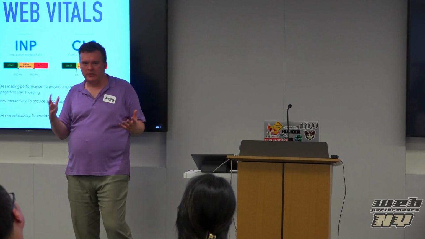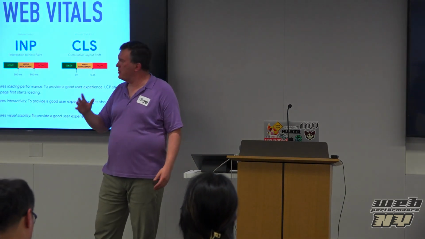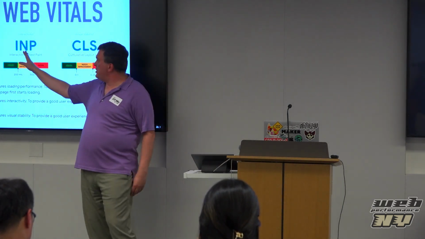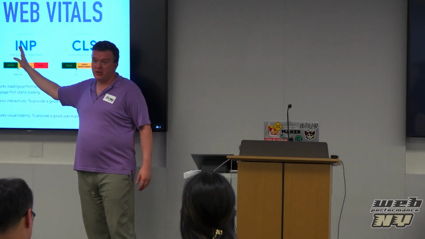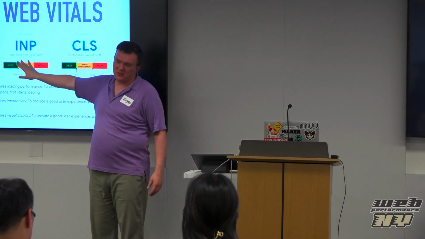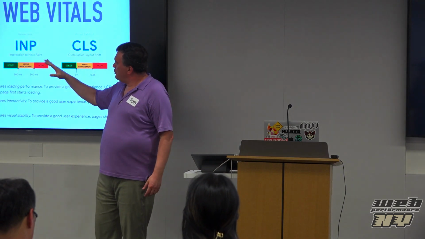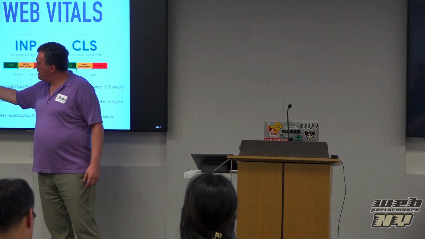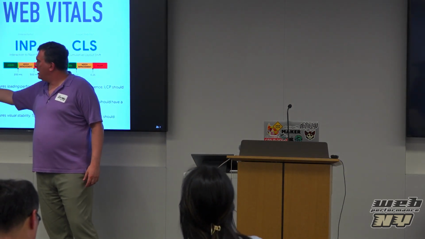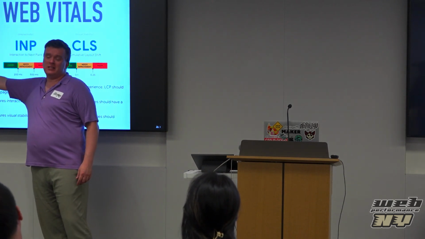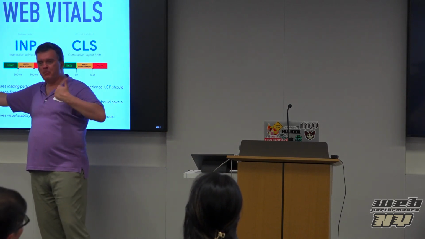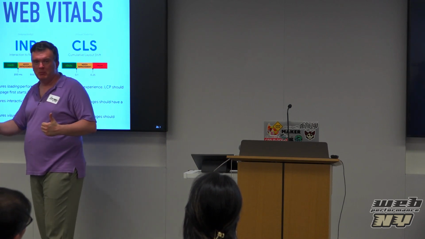They did as much research as they could to figure out the best one. In fact, the previous team mentioned that FID was replaced with INP as the main representative, right? So for each user, if the metric was below this threshold, it's considered good.